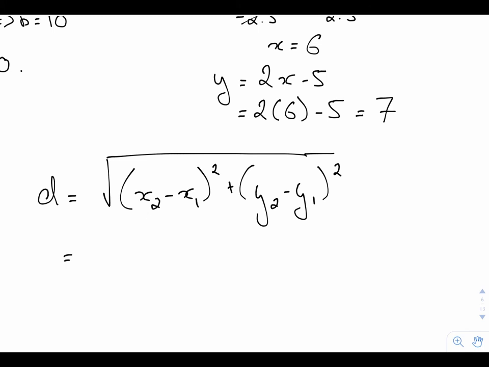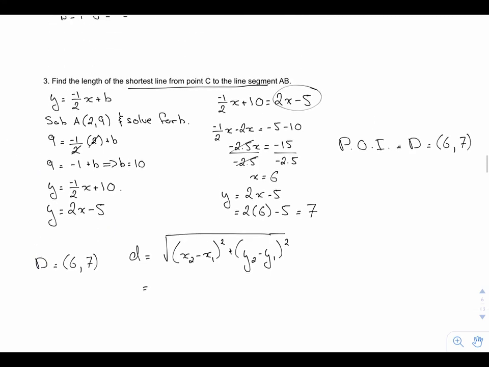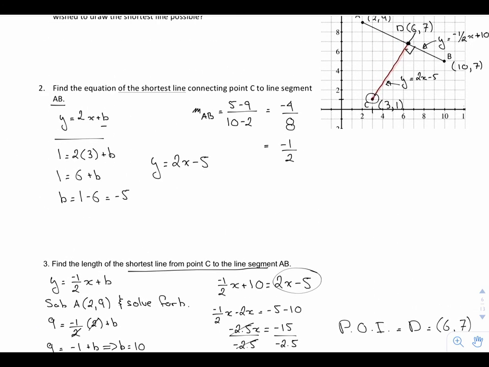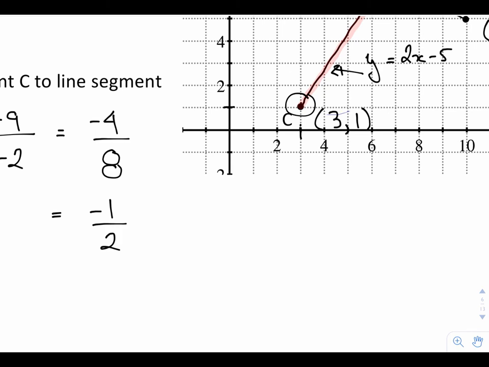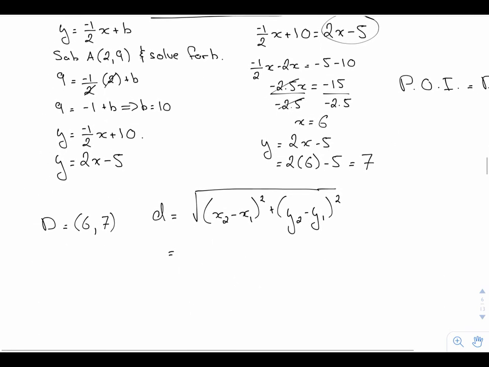I'm going to put in the points C and D. Let me collect them together so I have them in front of me. Here's my D value, which I'll put over here, and then I have my C value, which I will copy and place over here.